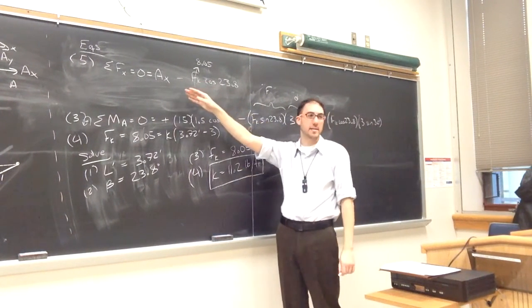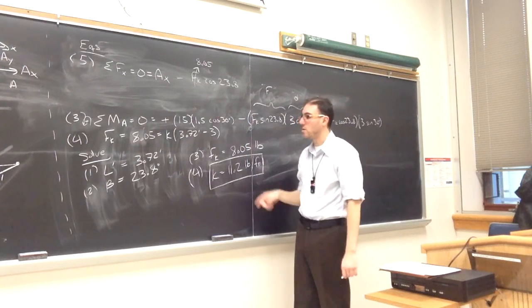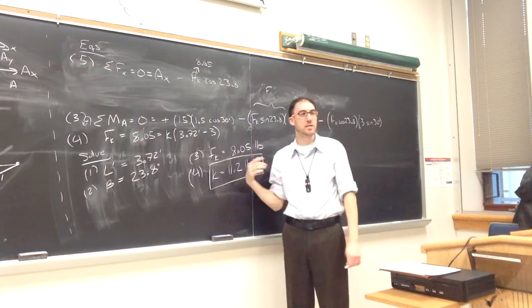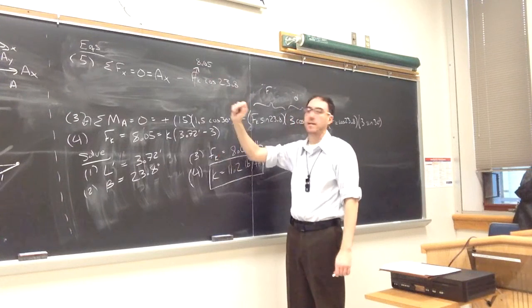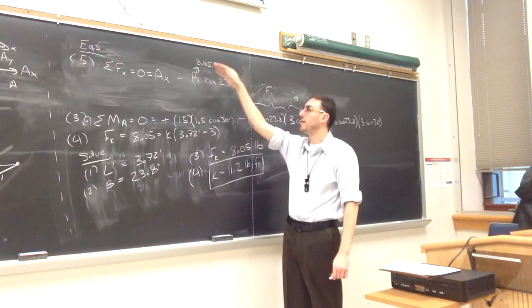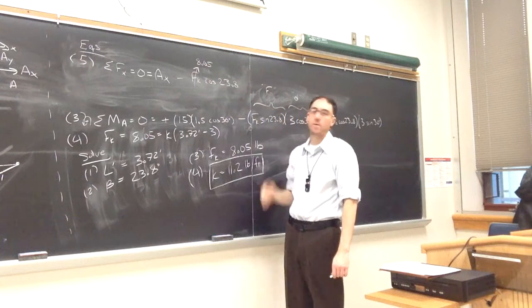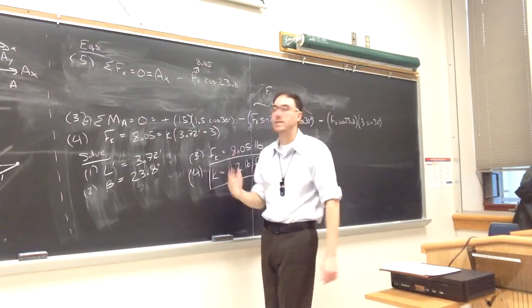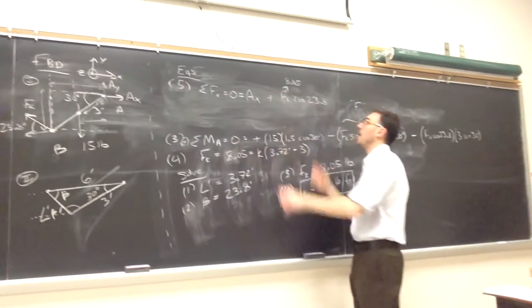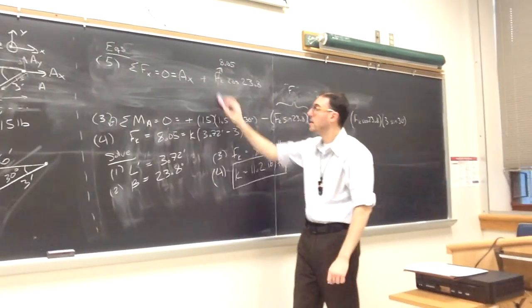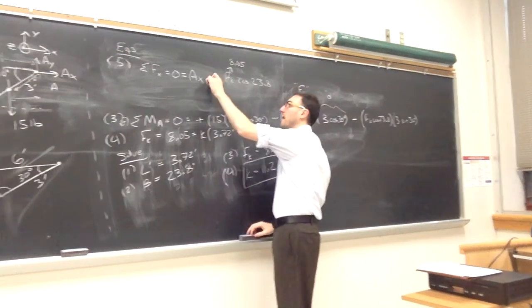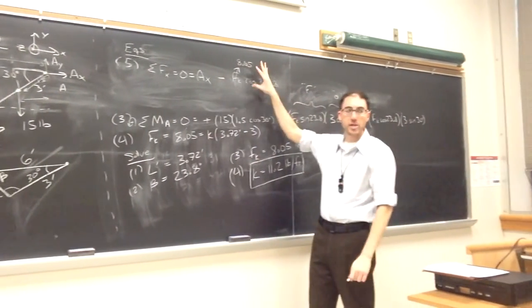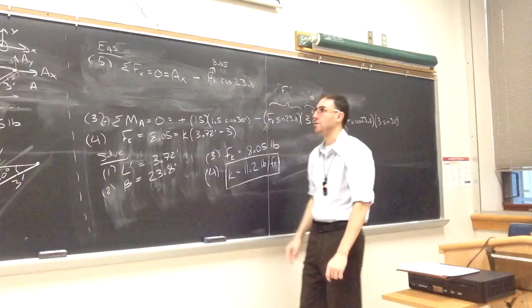It's easy to make a sign error, as we're going to see later, especially if one of our values turns out to be negative. It is negative. It's minus 8.05 cosine 23.8. It would have been easy if we started with 8.05 to say, oh, it's negative, we're adding 8.05 times cosine 23.8. That's why, again, start with the free body diagram to make the equation, then fill in values that you found.